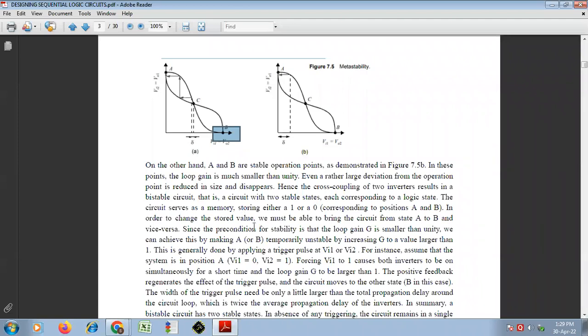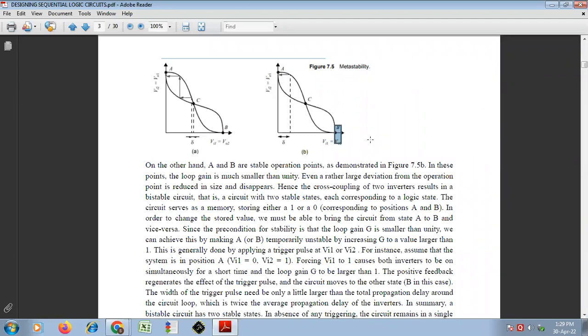At these points, the loop gain is much smaller than unity, whereas around C it is greater than 1. At A or B, it is much less than unity. Even a rather large deviation from the operating point is reduced in size and will disappear.